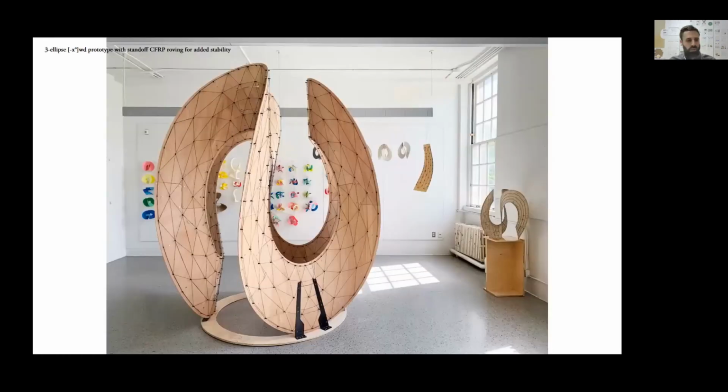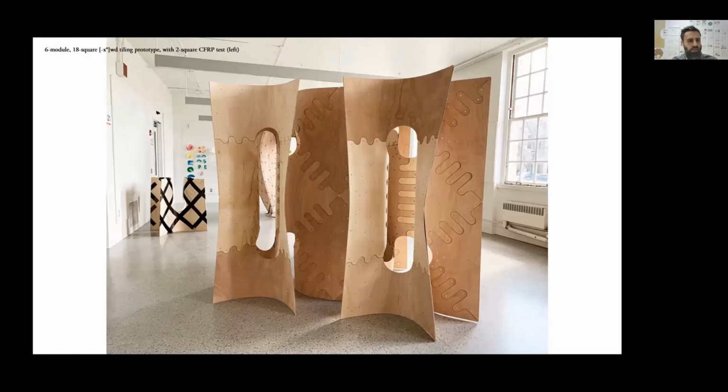There's a few others that we built as well. This is a 3 ellipse negative degree wedge disclination prototype. And here we used carbon fiber rovings that were stood off from the surface in order to provide some added stability. And then finally, we built a third prototype, which is in this case a 6-module, 18-square negative X wedge disclination prototype.